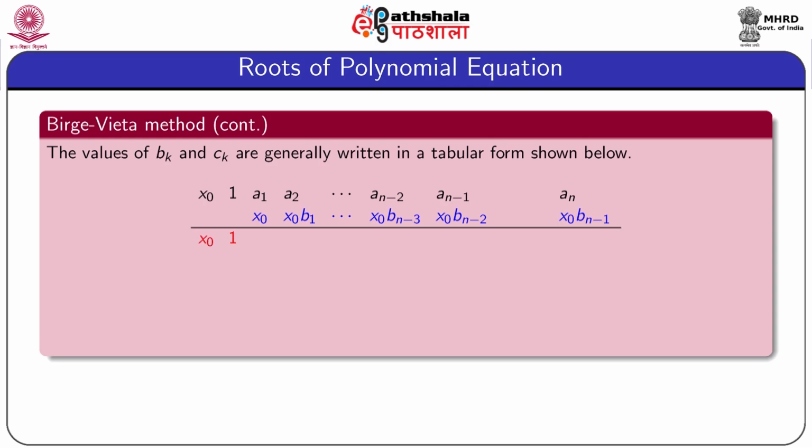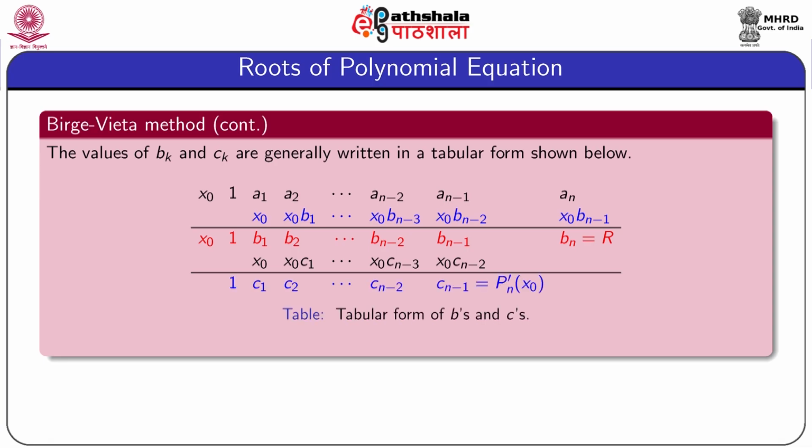The 1 remains unchanged, and the summation of a1 and x0 is nothing but b1, and the sum of a2 and x0 b1 is b2. Similarly, b_{n-2} equals a_{n-2} plus x0 b_{n-3}, b_{n-1} is obtained by summing a_{n-1} and x0 b_{n-2}, and the last term, that means r or bn, is equal to an plus x0 b_{n-1}.